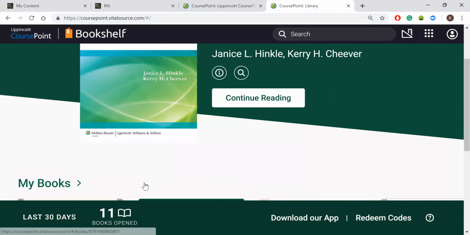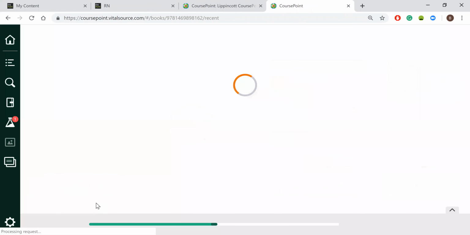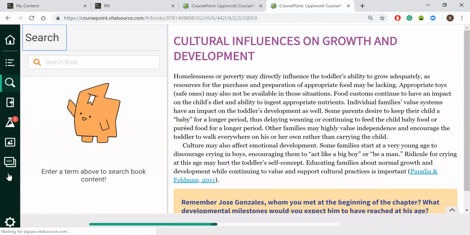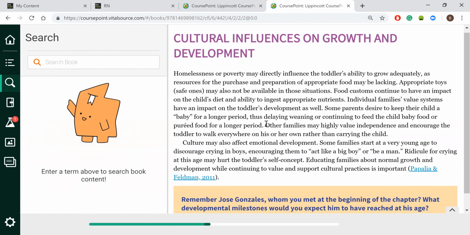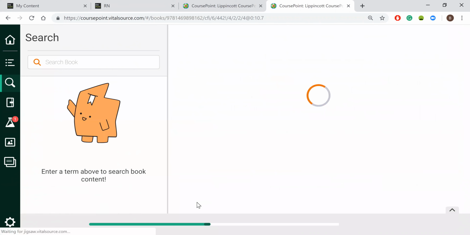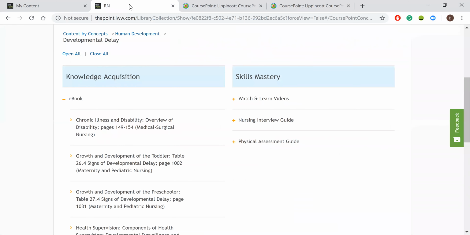Scroll down, here's my maternity. I think 1002 is the page number. So once I came down here at the bottom, then I could put in 1002. Let me find out what the actual title is. Table 26.4. Okay.